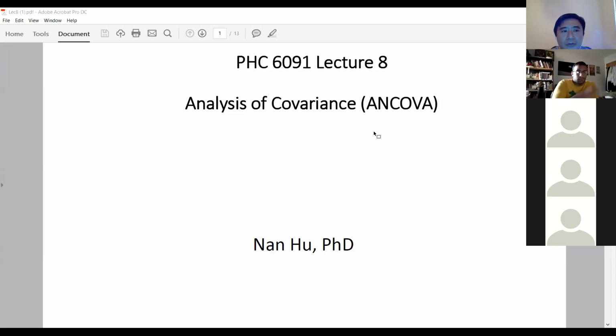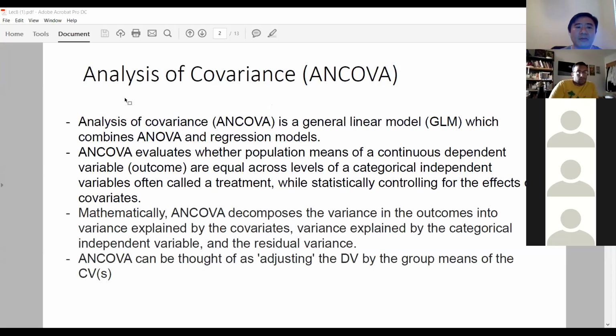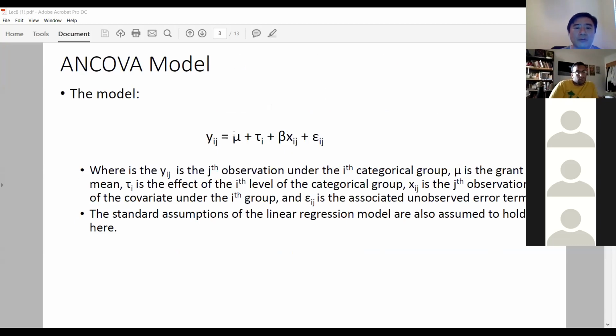I just keep that. The way you understand this is that ANCOVA is a combination of the ANOVA with a covariate. Remember, an ANOVA tests the factor effect, and that factor has multiple levels, but you do not have a continuous variable.